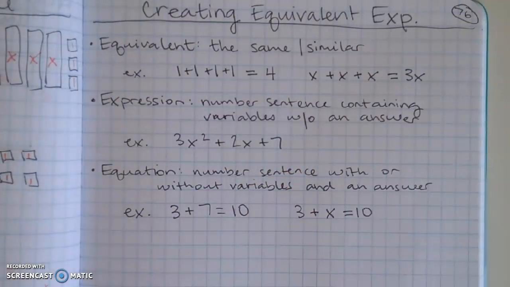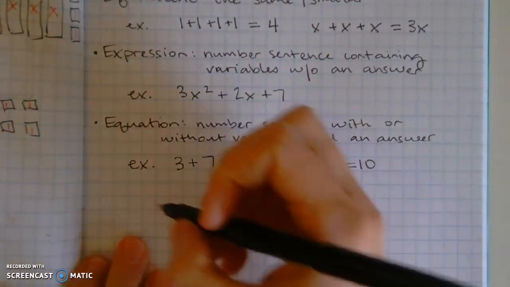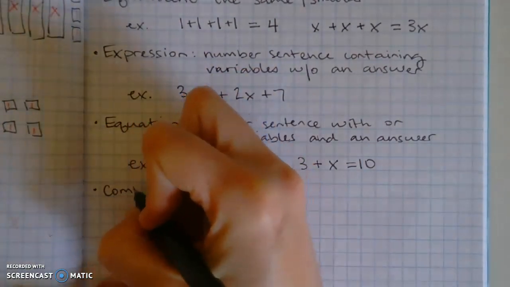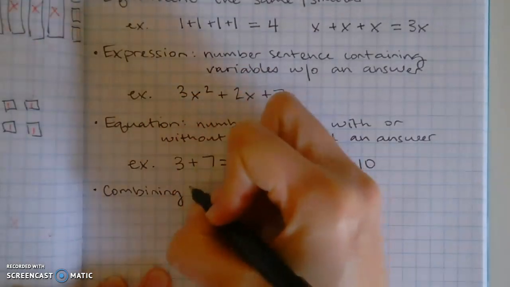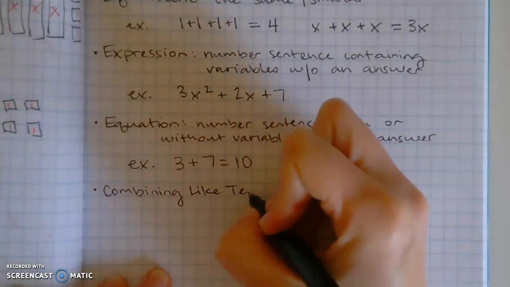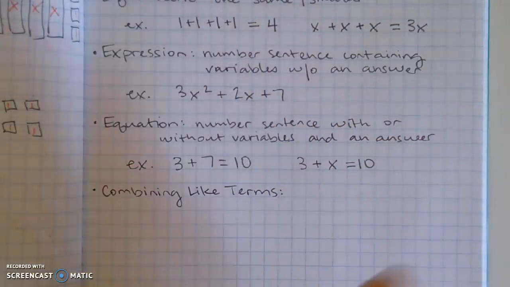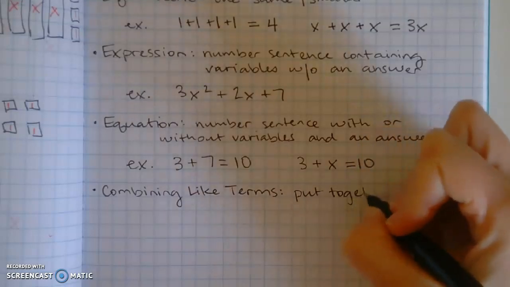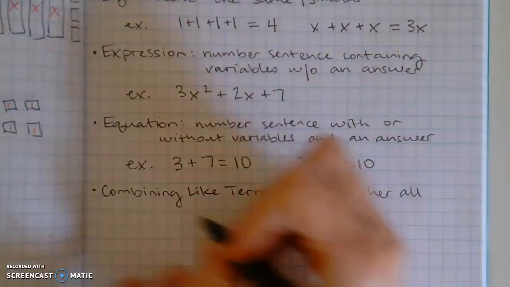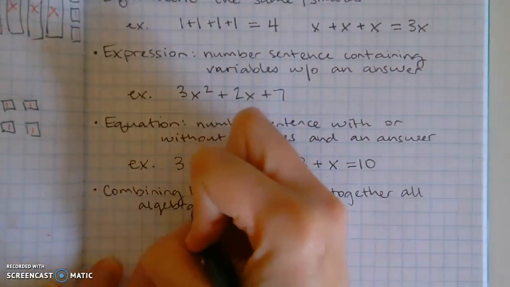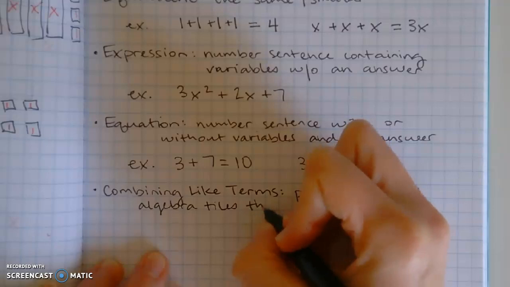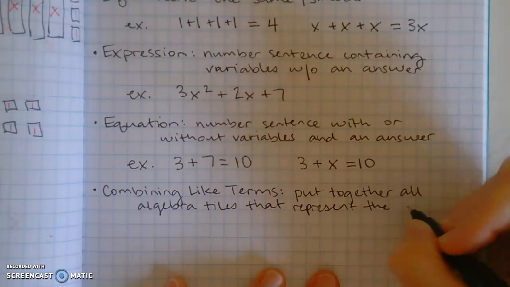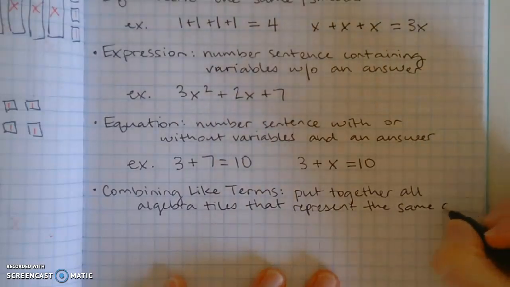The last thing I want to talk about is combining like terms. Sorry, this is a little more vocabulary today. Combining like terms is when you put together all algebra tiles that represent the same amount.